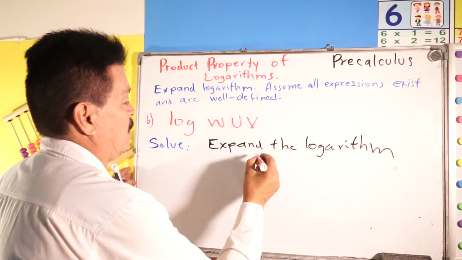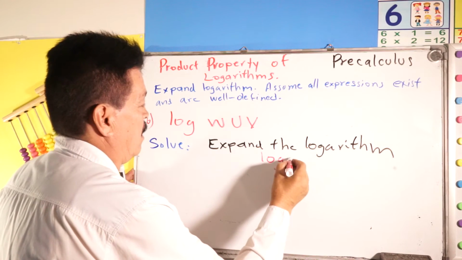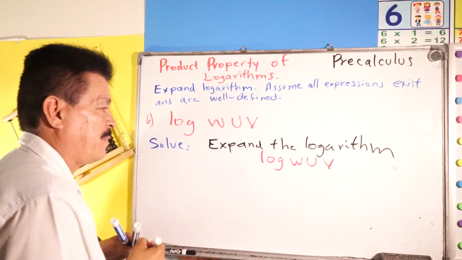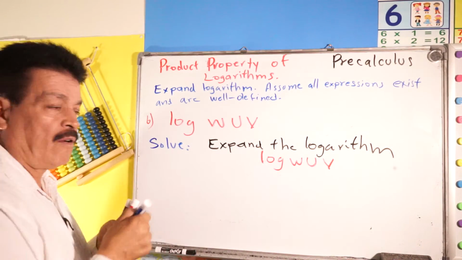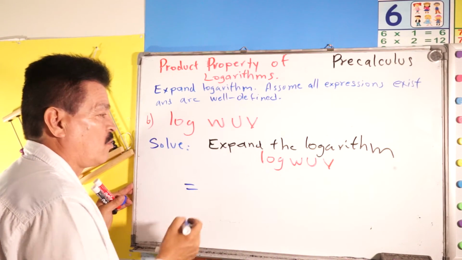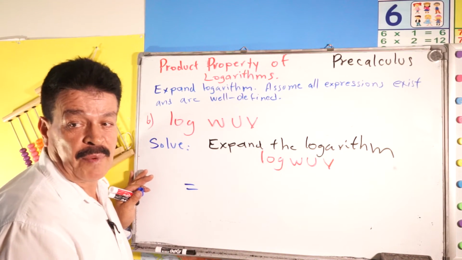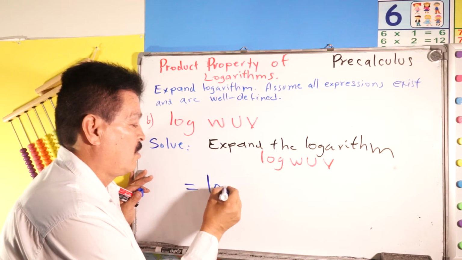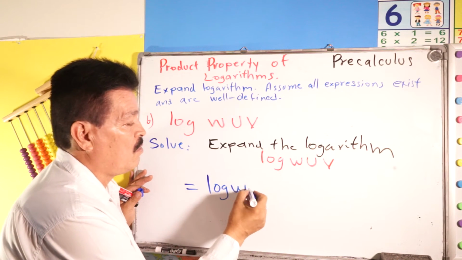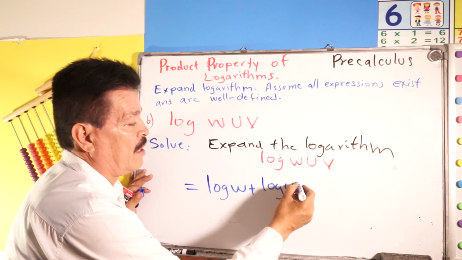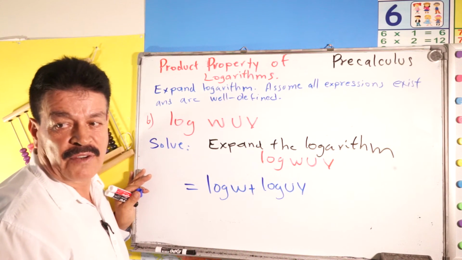This one, log of wuv. Now this will be equal to, in our example, just log w plus log of uv. This is the first step.